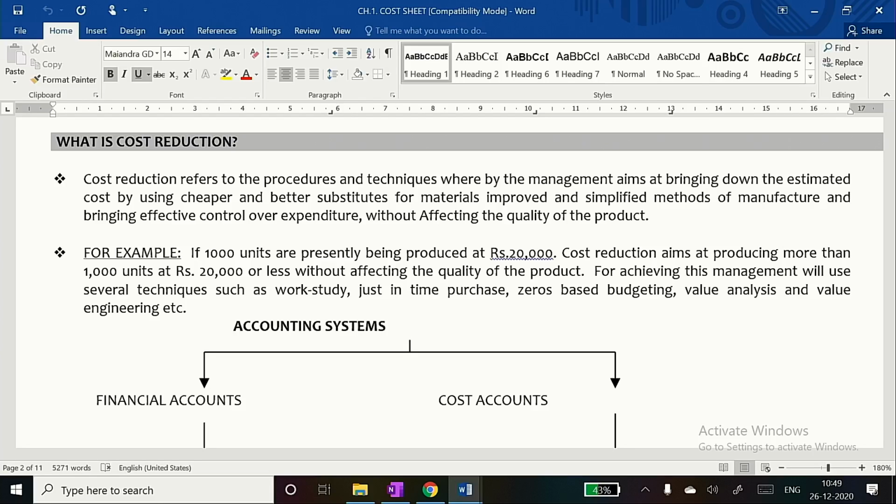For example, if 1000 units are presently being produced at rupees 20,000, the cost reduction aims at producing more than 1000 units at rupees 20,000 or less without affecting the quality of the product. For achieving this, management will use several techniques such as work study, just-in-time purchase, zero-based budgeting, value analysis and value engineering techniques, which we will take up in the final.